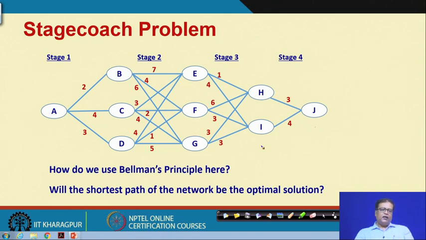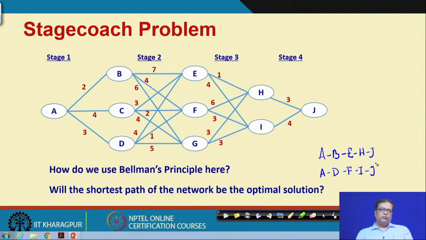Obviously, it can take a given path. For example, it can go from A to B to E to H to J, or it can move to a totally different path, say A to D to F to I to J. So, you can see that the stagecoach need not go to all the cities.